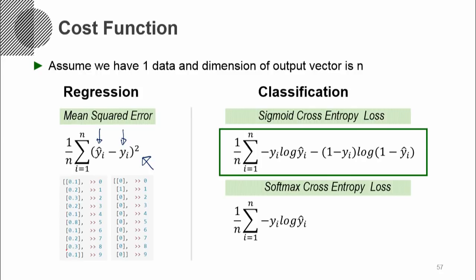In the case of binary classification, where we have only two types of labels, we often use the sigmoid cross entropy loss. But in the case of a multi-class classification problem, we consider the softmax cross entropy loss. So these objective functions are optimized by gradually changing the model parameters so that the desired output is close to our model output.